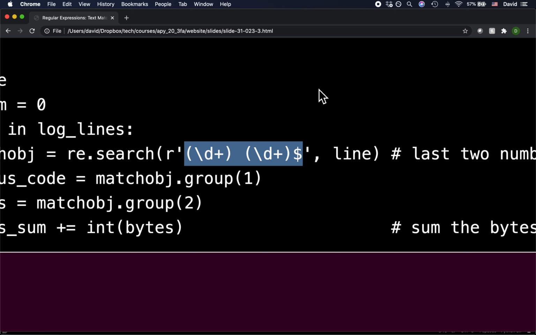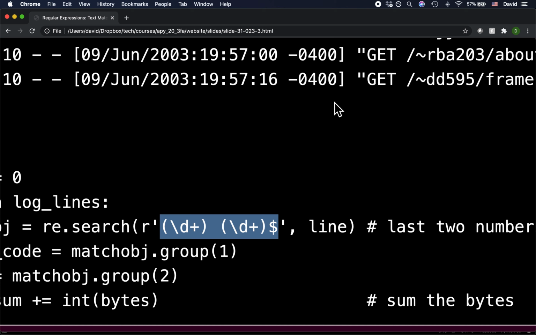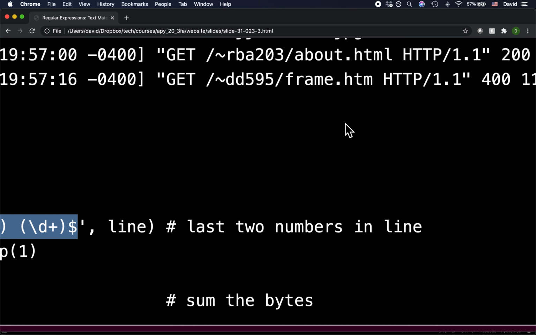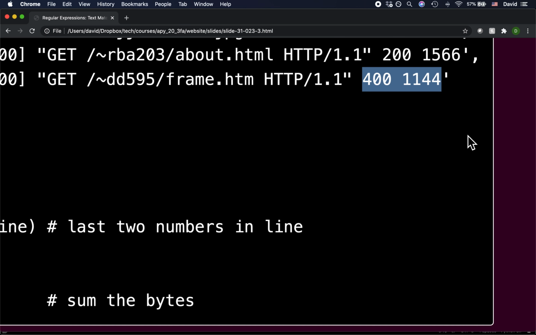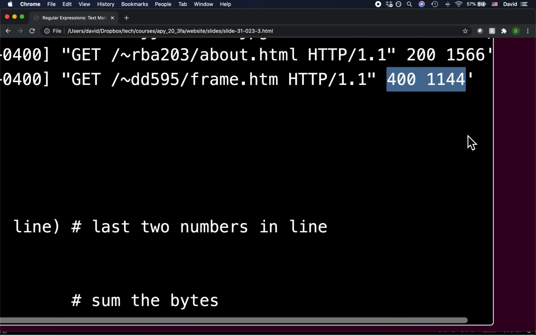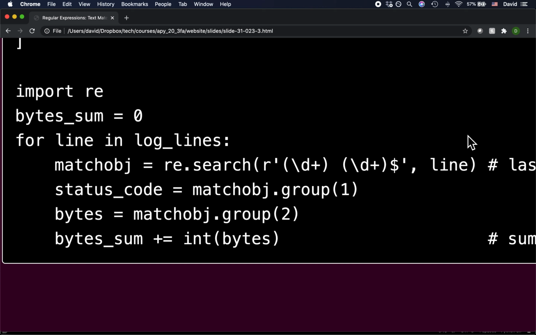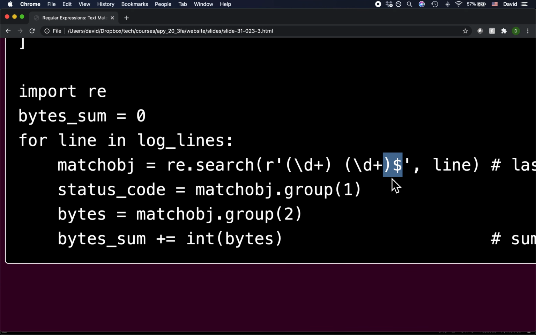At the end is very important here, because you never know where you're going to find one or more digits followed by a space, followed by one or more digits. But if you're specifying at the end, you know you're going to get them at the very end of the line. And that's what this anchor is for.